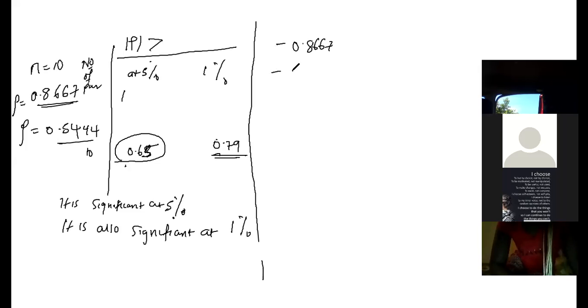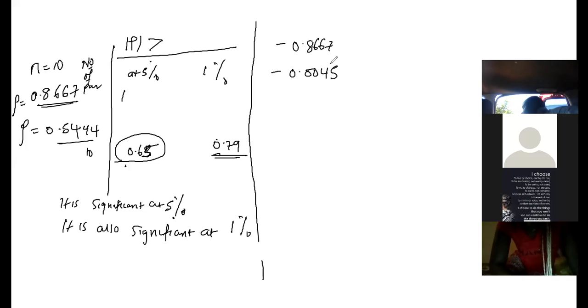If it is like negative 0.0045, it's a negative very small correlation, or a negative very low correlation. If it is positive, it is a very small positive correlation. If it is positive and it's high, it's a positive very high correlation.